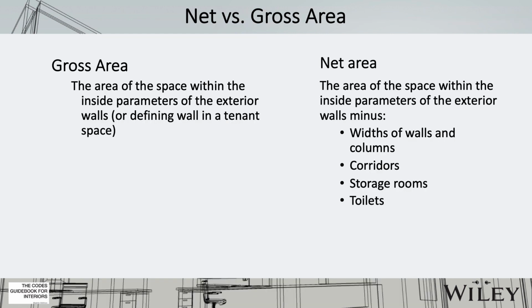The previous code table has examples of gross area as well as net area, and those are the factors determined by the code that would be used to do that math calculation.